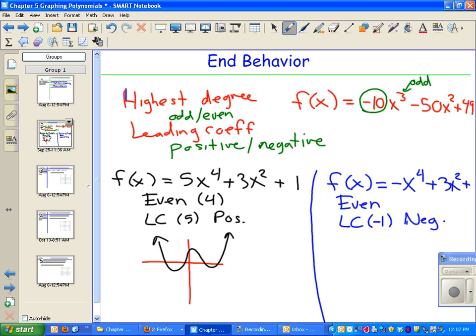All right, so just like quadratics, that's going to go down like a frown. So disregarding x and y intercepts, our end behavior is going to start down and end down. Okay, so those are your options if it's even. All right, now we'll do options if it's odd.